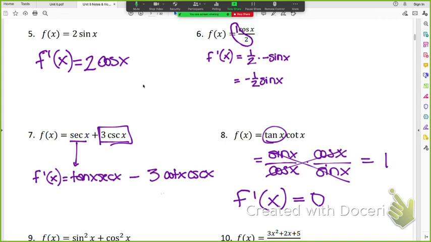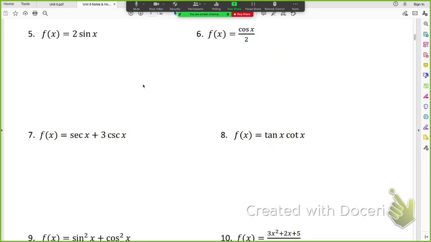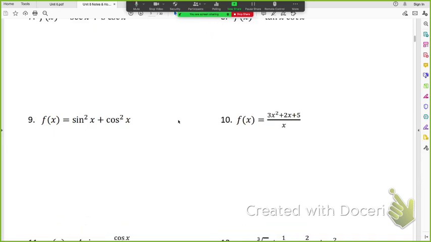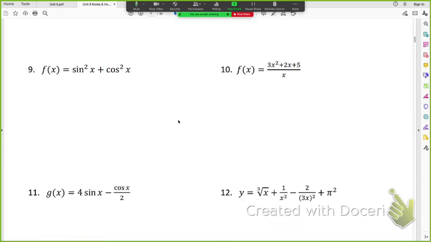9 is actually very similar to that. Anyone remember what sine squared plus cosine squared is the same as? It's one of the trig identities you used last year. Sine squared plus cosine squared is a trig identity.